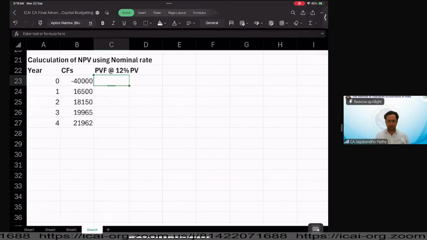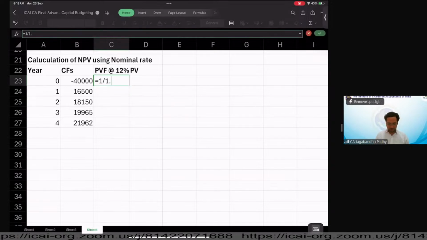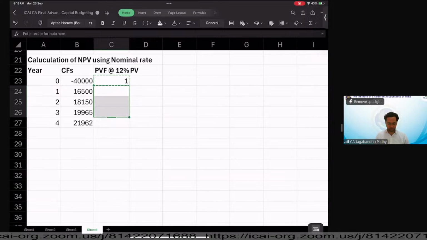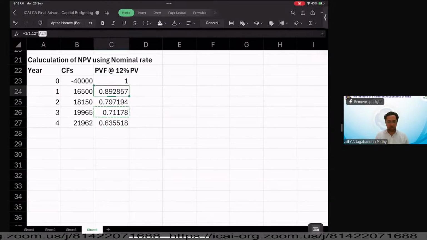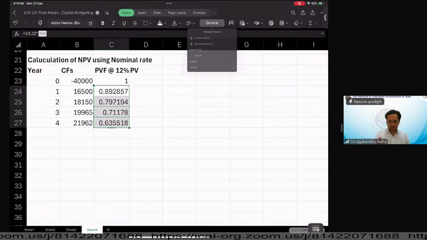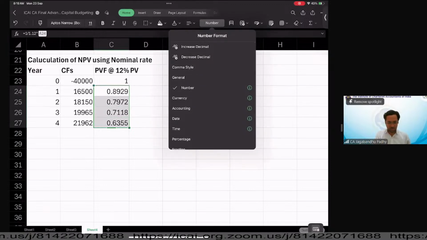We know the present value factor, you can simply calculate in the calculator also, or I can say 1 divided by 1.12 to the power of the number of years. You can calculate these numbers in your calculators also, you get the same numbers. Let me just take it up to maybe 4 decimals.